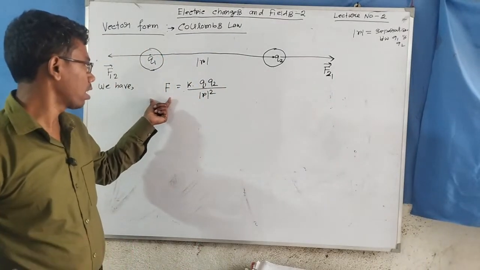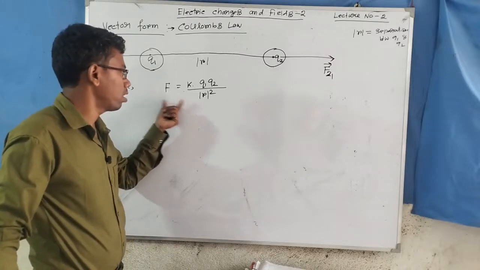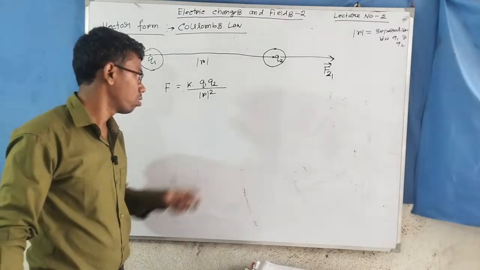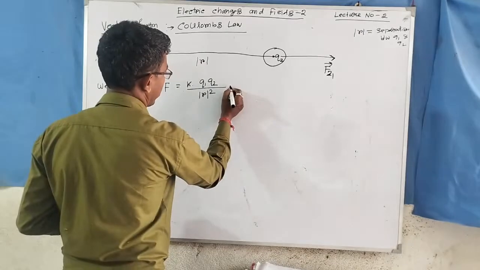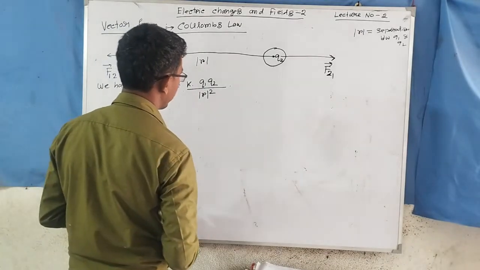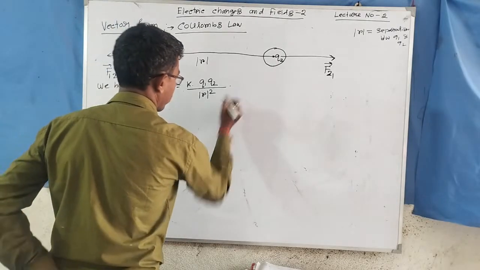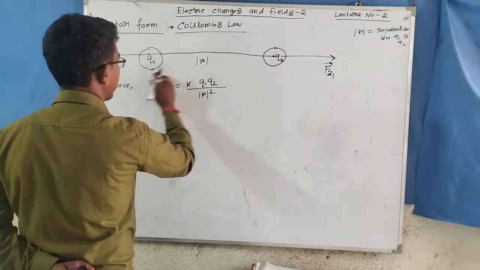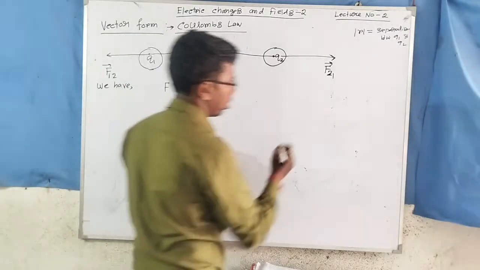This is the force between two charges, a scalar or magnitude value. There is always a direction, given by a unit vector. Here the direction is from Q1 to Q2.